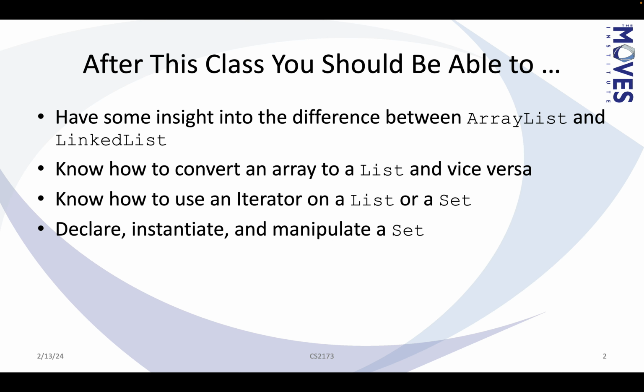And we'll see a little bit of an example of that, just in terms of choosing what type of list to have. So having a little bit of insight into the difference between array lists and linked lists.